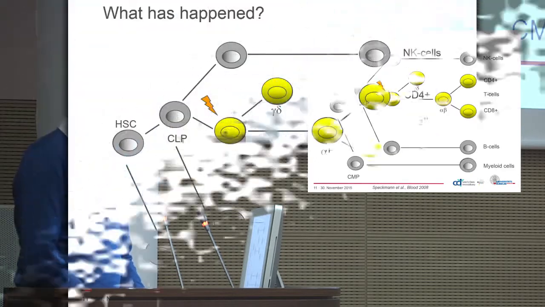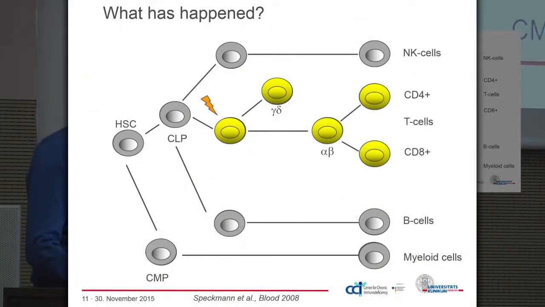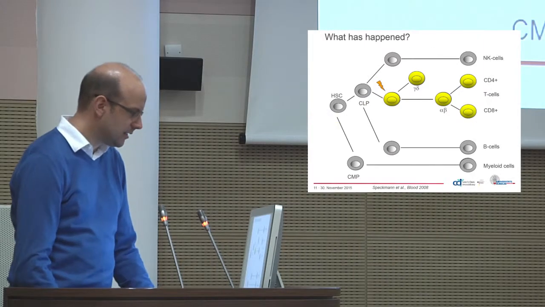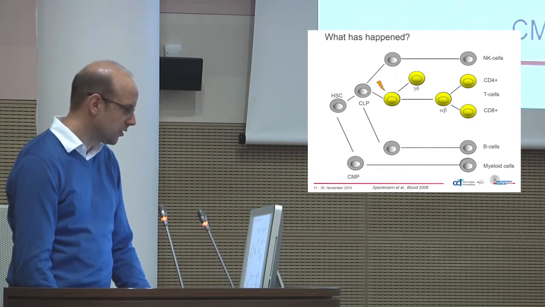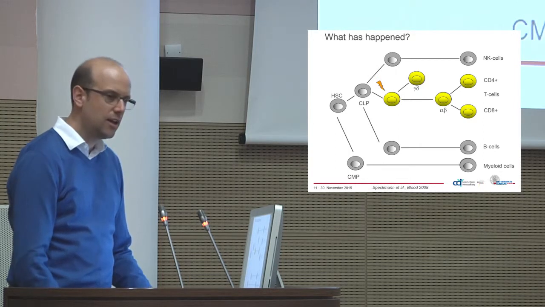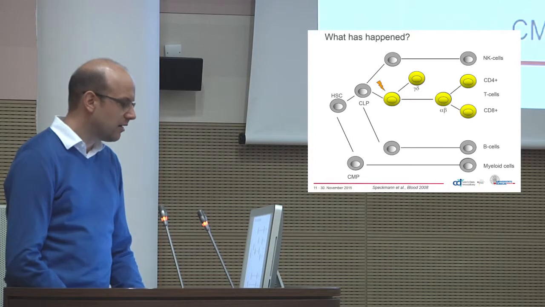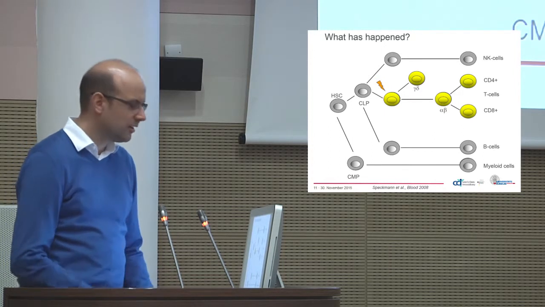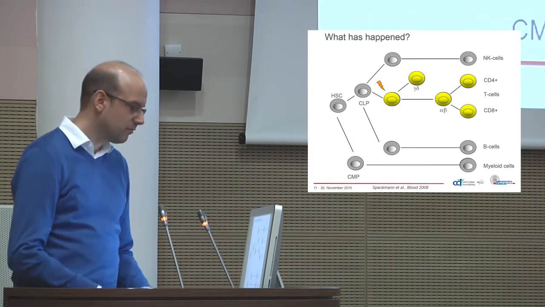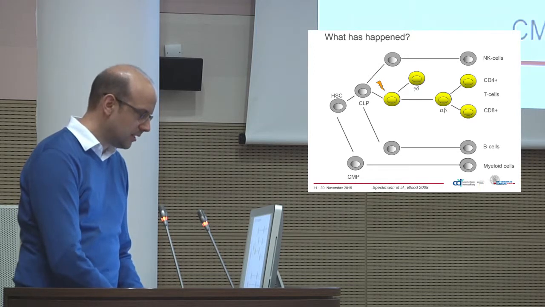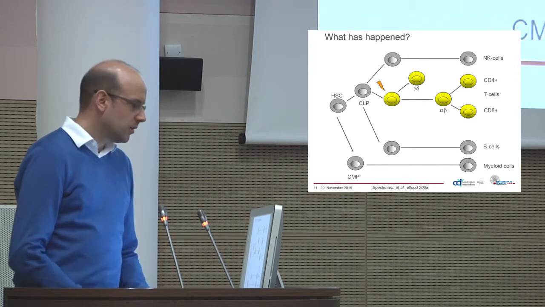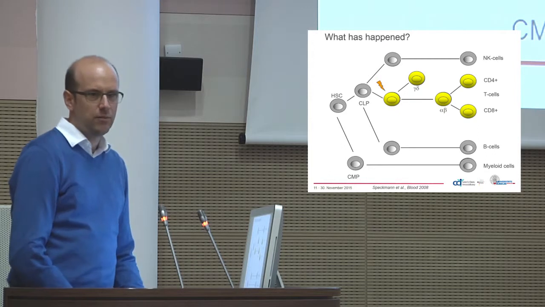So what we believe has happened in this child is that at some stage, which is not retrospectively determinable, he had a mutation back to normal, a somatic reversion, and this most likely took place at the level of a committed lymphoid progenitor cell. Due to the selective survival advantage, this naturally occurring gene therapy gave rise to descending genetically normal T cells, among gamma delta and alpha beta T cells.